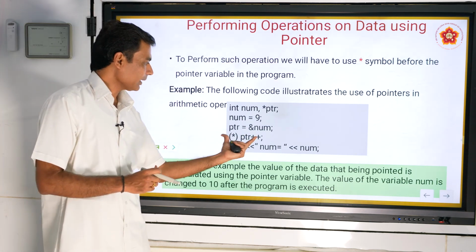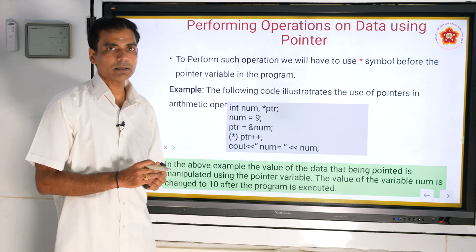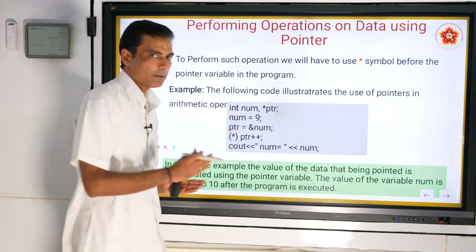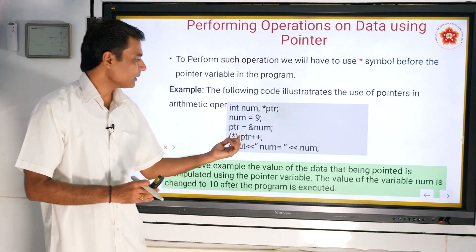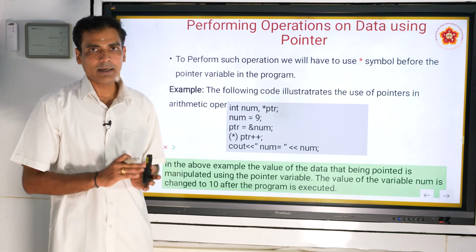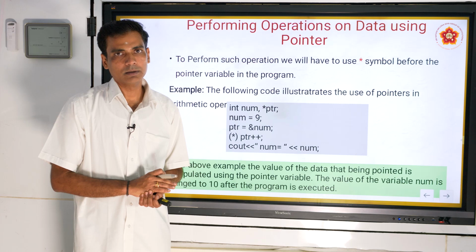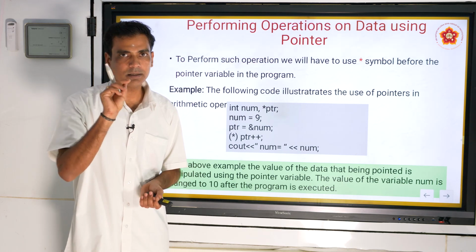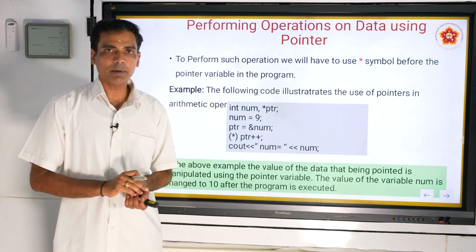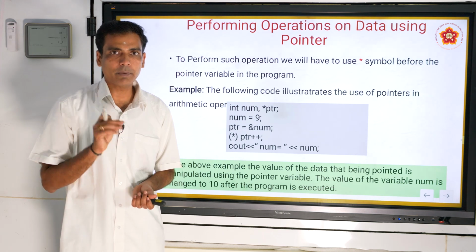What is the meaning of this particular statement? ptr plus plus means incrementing the pointer, but as we have prefixed it with the star, now we are not jumping to the next memory location. We are dereferencing the memory location to which the pointer is pointing.